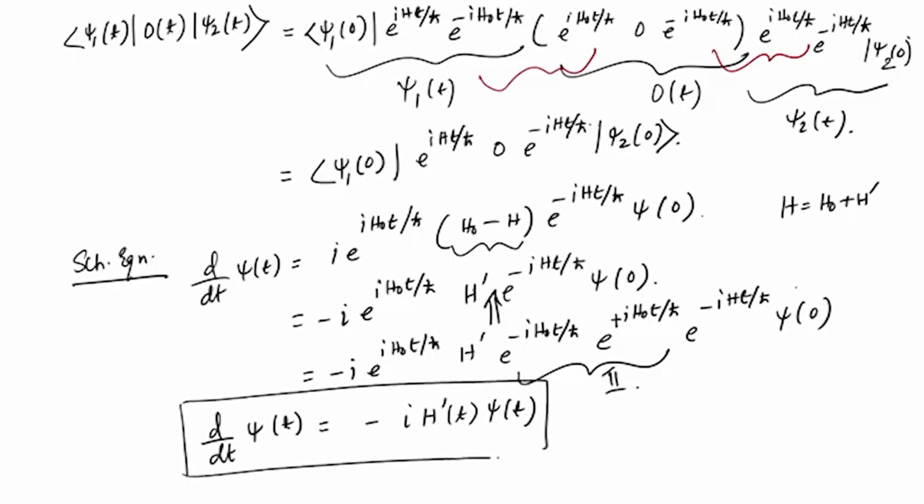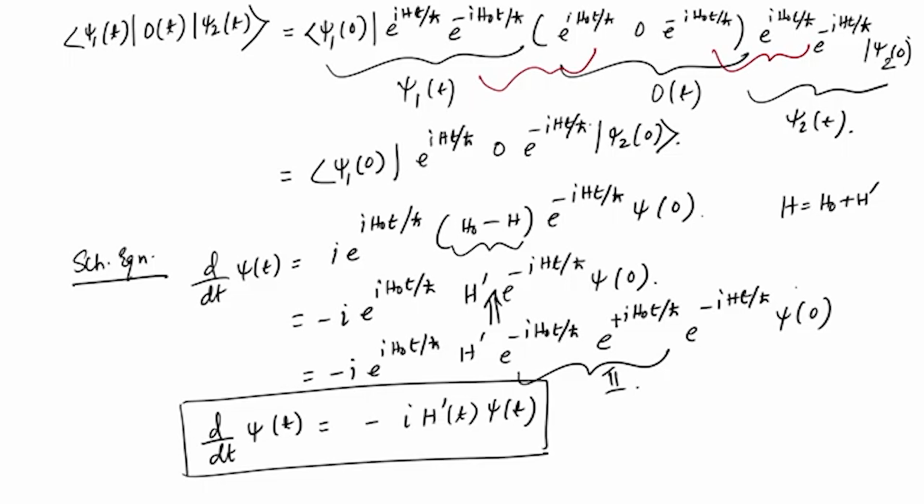It is interesting to note that the time evolution is not given by either H0, which is the non-interacting Hamiltonian, or H, which is the full Hamiltonian. In fact, it is given by this interaction term, and that justifies the name interaction representation.